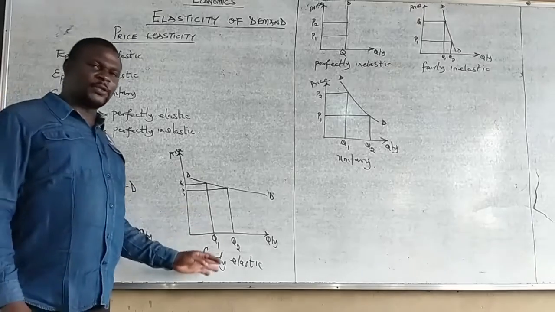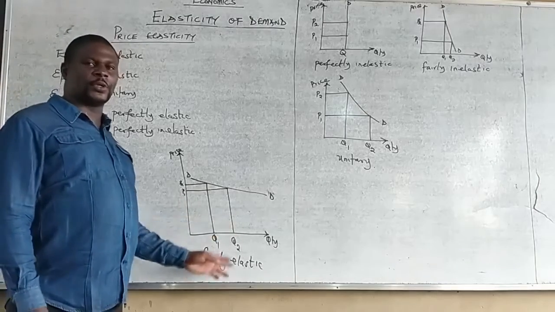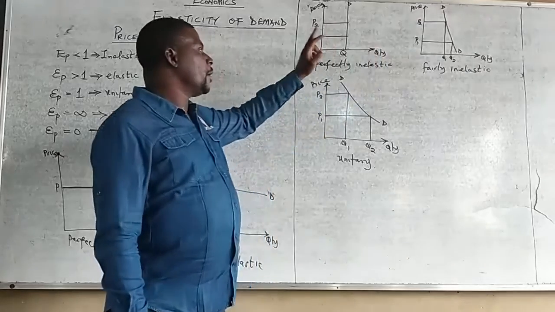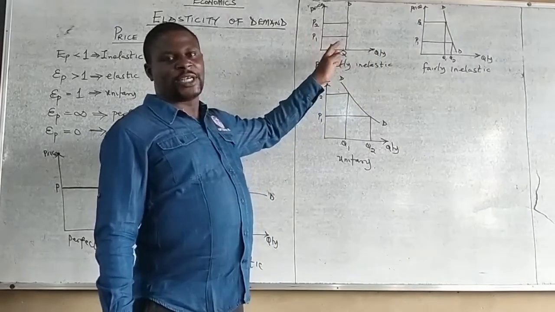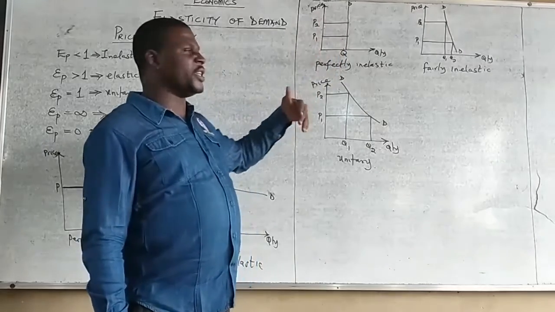Demand is fairly elastic when a little change in price brings about a wide change in quantity demanded. Demand is perfectly inelastic when at different prices the same quantity is purchased, or at the point where quantity is constant and price changes.